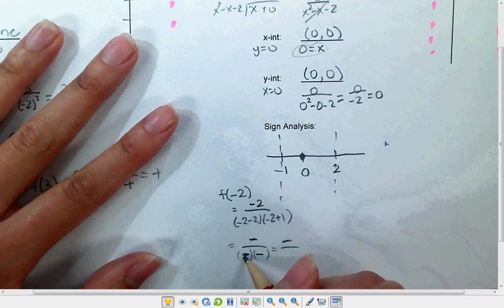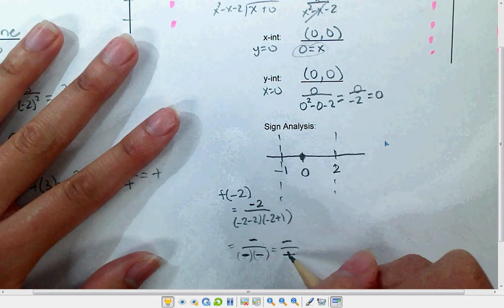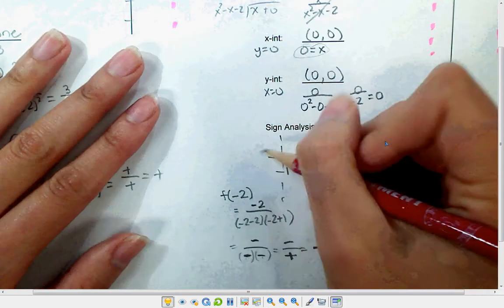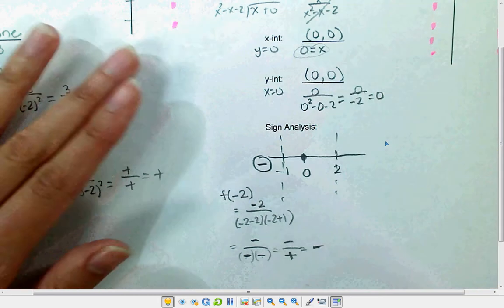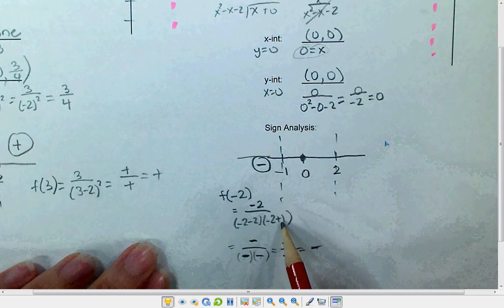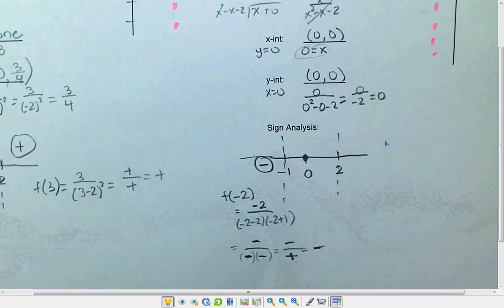So what's negative times a negative? It's going to be positive. But what's negative divided by a positive? This is going to be negative. Right, so this section is going to be negative. Because when you multiply negative times a negative, it's going to give you a positive. But then you have a negative divided by a positive, gives you a negative.